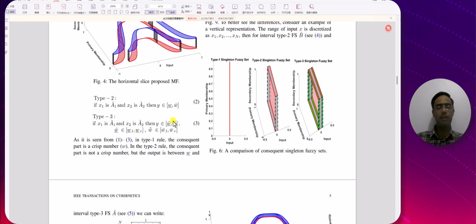Computational costs have been significantly reduced in this version of Type-3 fuzzy logic systems. As you see here, for the consequent part, we have a singleton Type-3 fuzzy set. So the alpha-cut computations have been removed. And for each rule, as you see here, the output is between four constants for the variables that you see here.